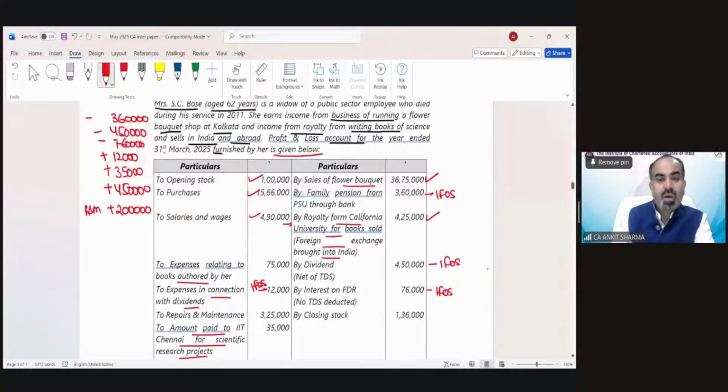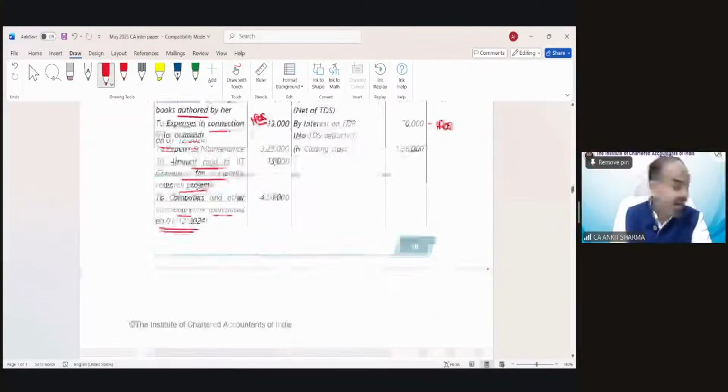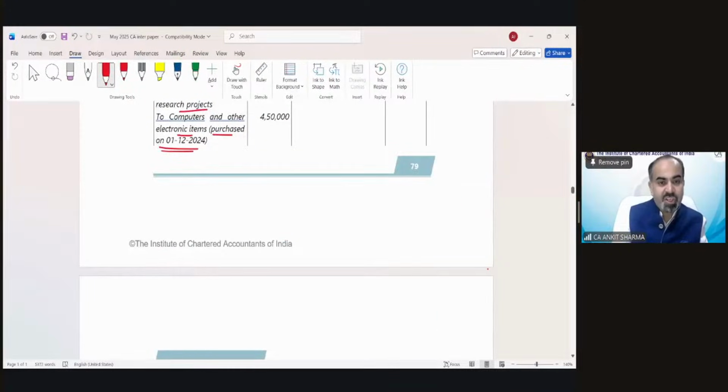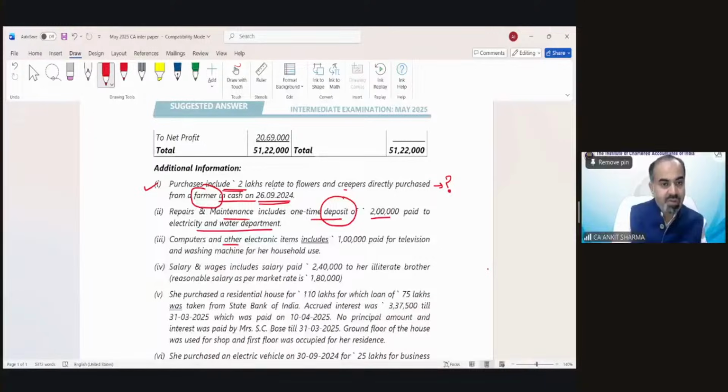Moving ahead. Computers and electronic items. The computer we purchased was 4,50,000, in December. The provision says that computer and other electronic items include 1 lakh paid for television and washing machine for her household use. So out of this 450, 1 lakh is for household, that means personal expenditure.